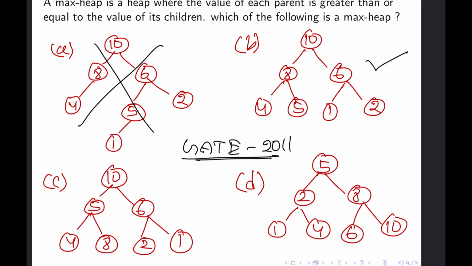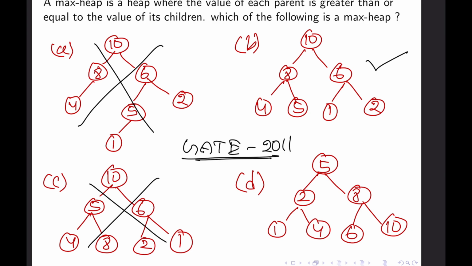Now for property 2, we will check whether the value of parent is greater than the value of its children or not. 10 is greater than 5 and 6, so for 10 it is satisfied. Then 5 should be greater than its children, 4 and 8. Here you can see 5 is not greater than 8, so the property is violated. So we can say this one is also not a heap.